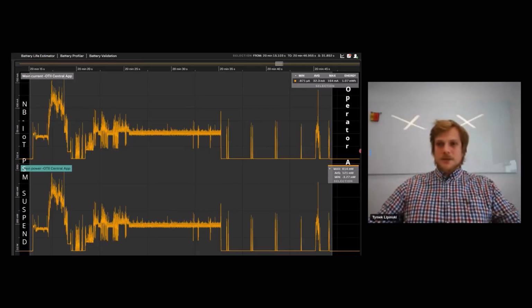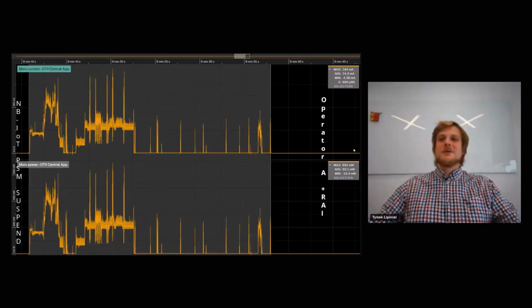Is there a way out of this? Yes, 3GPP was considerate enough to include something called Release Assistance Indicator, in short, RAI. So this is the nasty operator A with 10 seconds of RRC keep alive. How does it look? We were sleeping, 4 microamps of current.